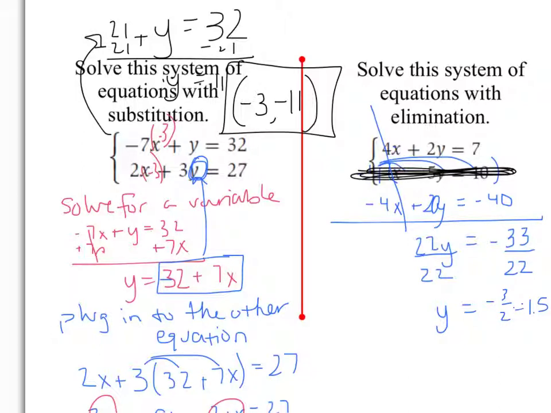So we can pick either one of our original equations or both and plug in a y of negative 1.5 to finish solving. So I'll take the first one, 4x plus 2, plug in the y, negative 1.5 equals 7, and solve for x. 4x plus negative 3 equals 7.